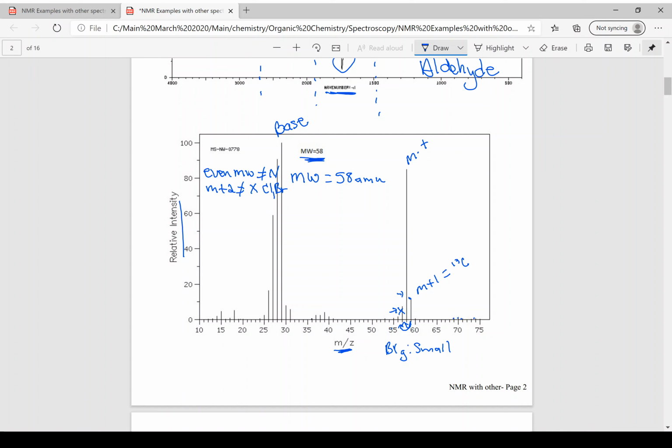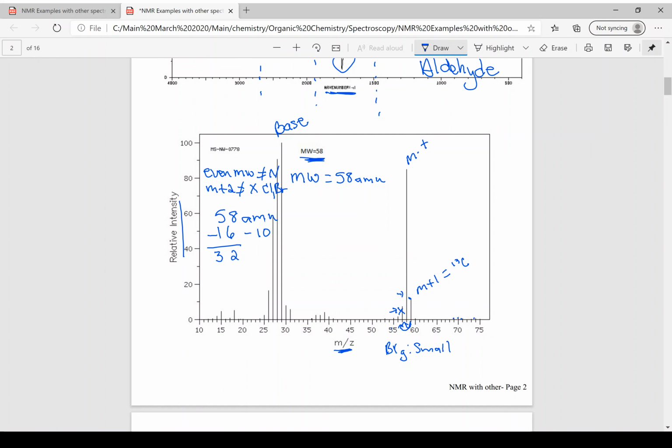This spectra does not tell me anything about oxygens, so I'm just going to have to use some math skills now. All right, so I have 58 AMU, and I know from the above picture that I have at least one oxygen. So I'm going to subtract one oxygen, 16, and that's going to leave me 42.